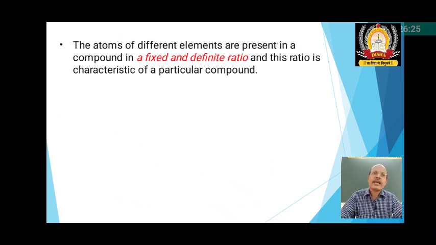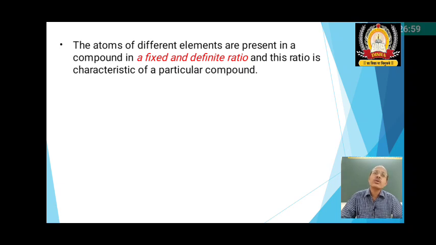Second, the atoms of different elements present in a compound are in a fixed and definite ratio, as I already told, and this is the characteristic property of a particular compound. For example, C plus O2 gives rise to CO2. Here the ratio will be 1:1, carbon is 1, oxygen is also 1. And in case of water, H2 plus O2 gives H2O.